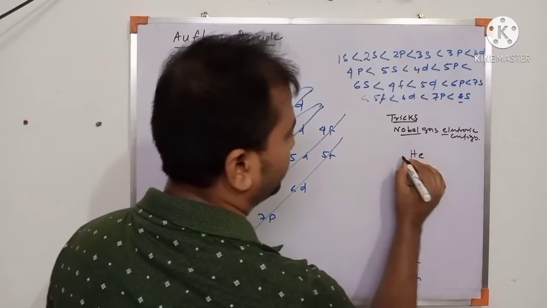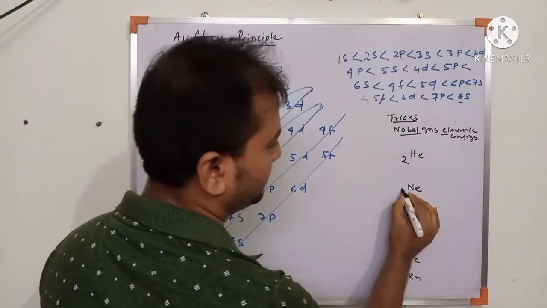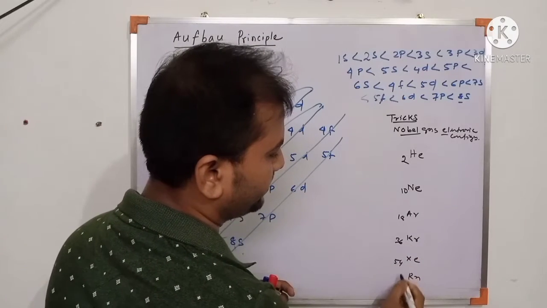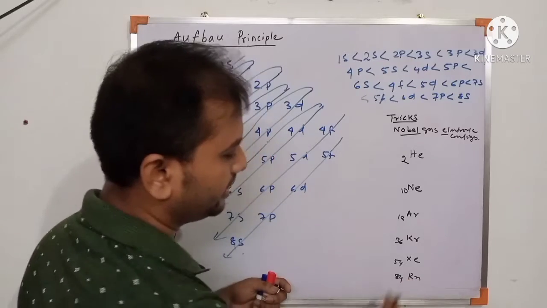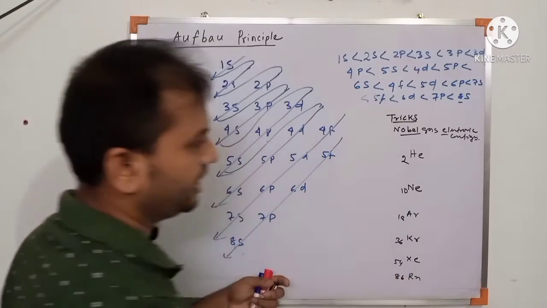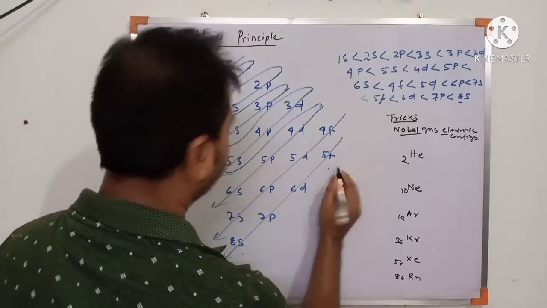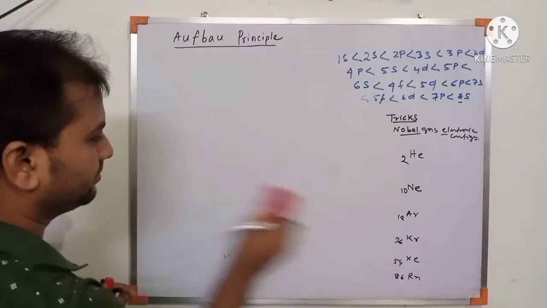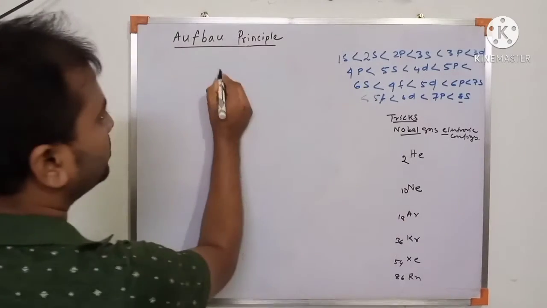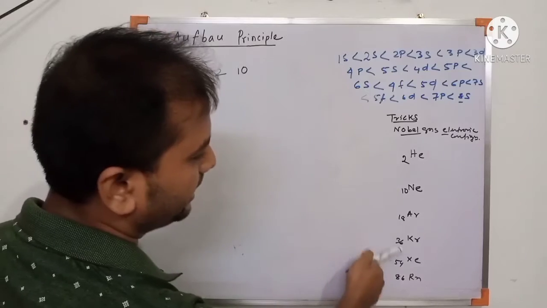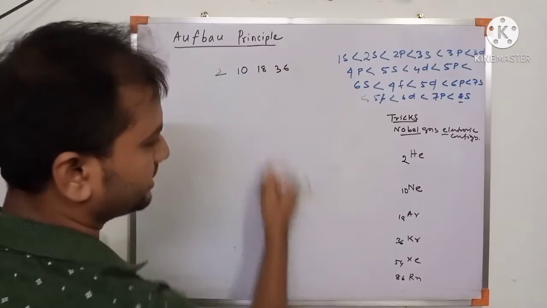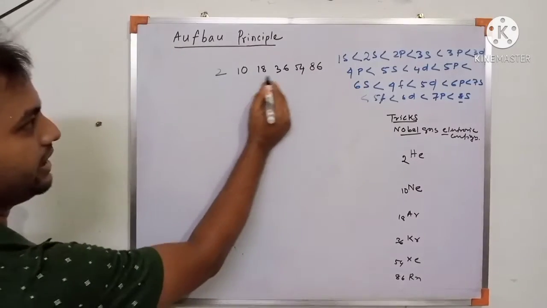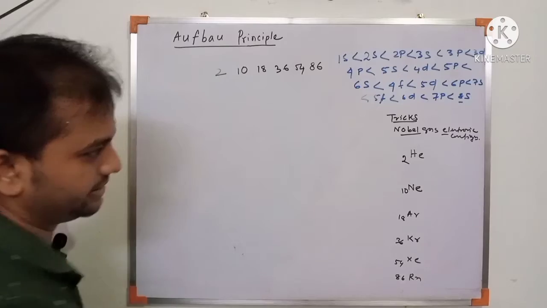Their atomic numbers are 2, 10, 18, 36, 54, and 86. Remember the trick: 2, 10, 18, 36, 54, 86.